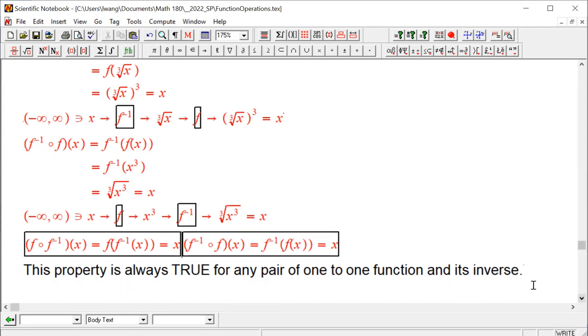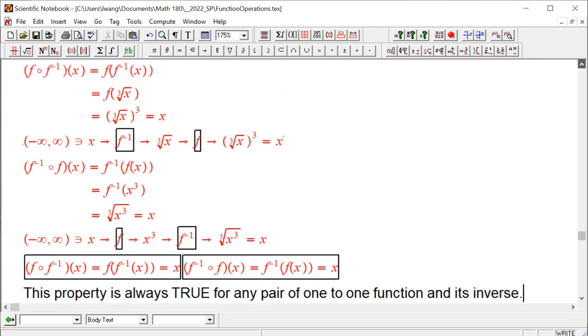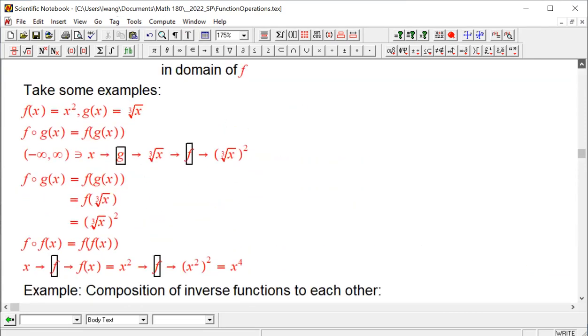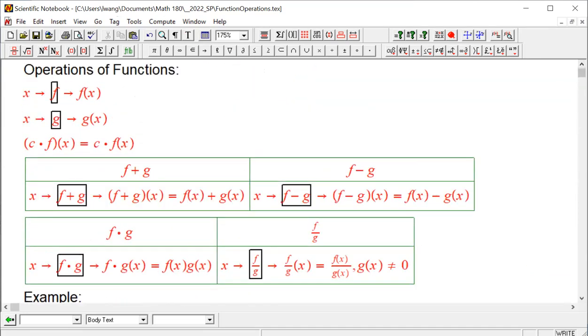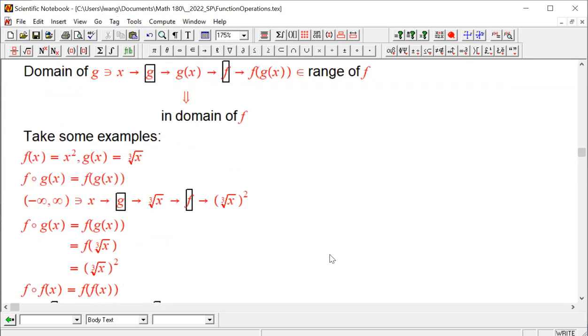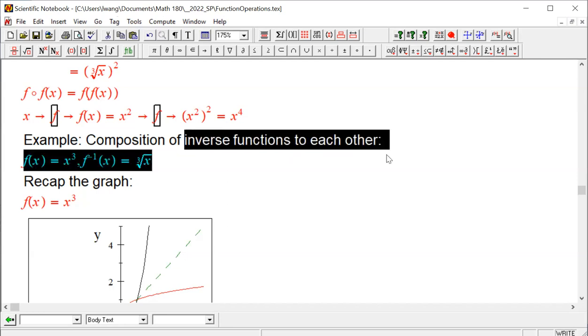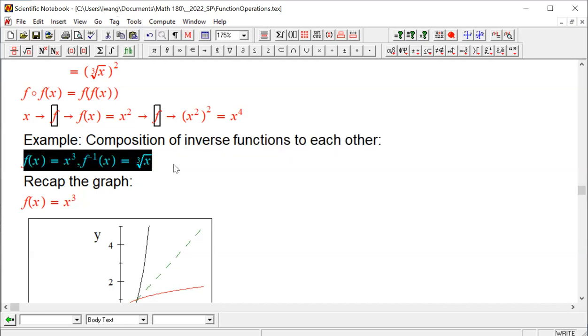So let's summarize. We have talked about the operations of functions: adding, subtracting, multiplying, dividing. And then we made a composition of functions. And then we observed the composition of one-to-one functions and their inverses. Of course, these one-to-one functions are both one-to-one with each specified domain and range.